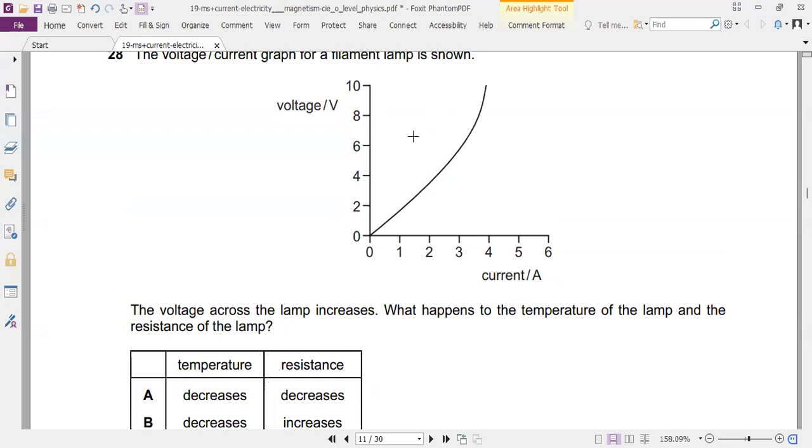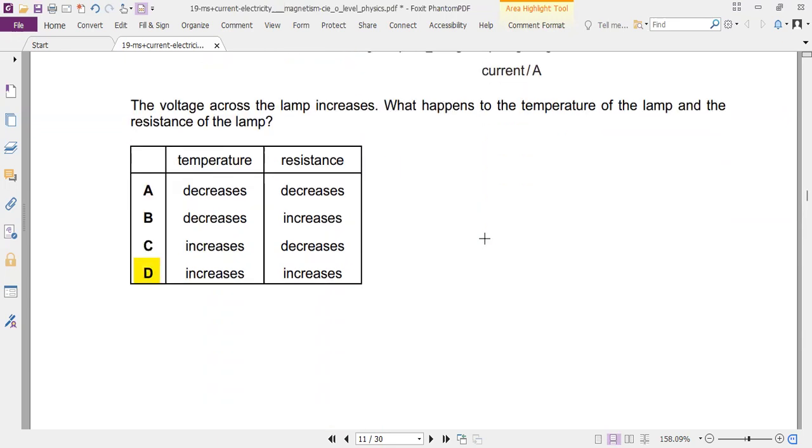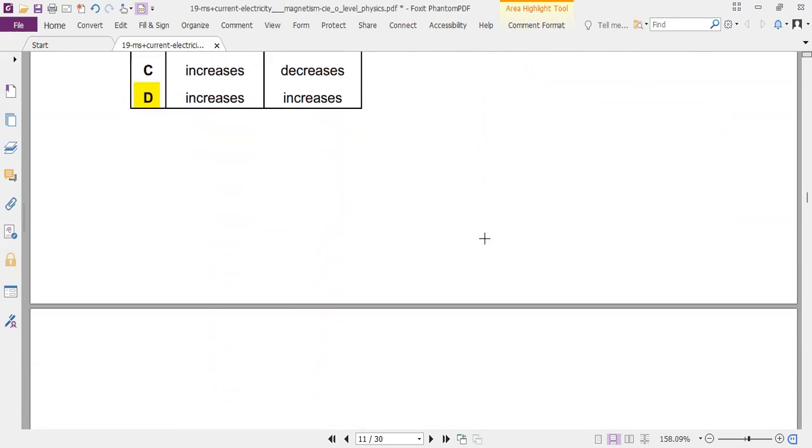So any more increase in voltage does not increase the current. The current becomes almost steady at this point. Why? Because when you increase the voltage, the temperature also starts to increase. Increase in temperature means more resistance, and more resistance means the current is not going the same way as before. So D is the choice.